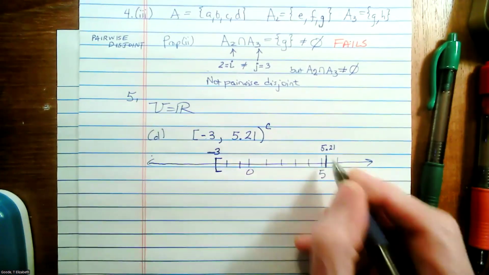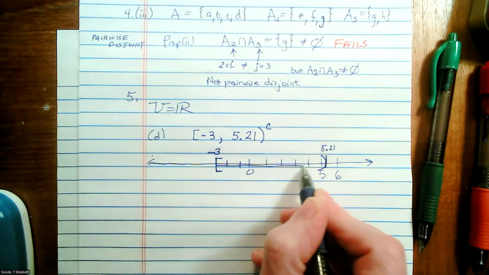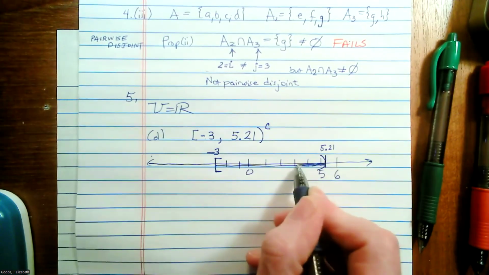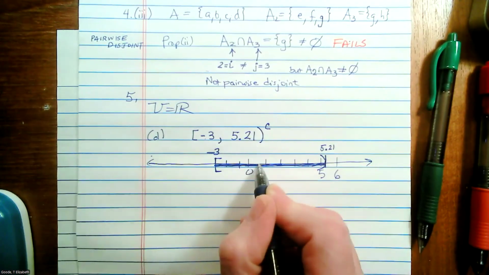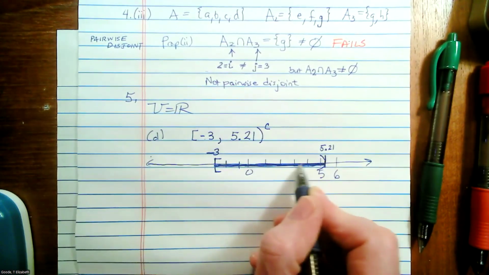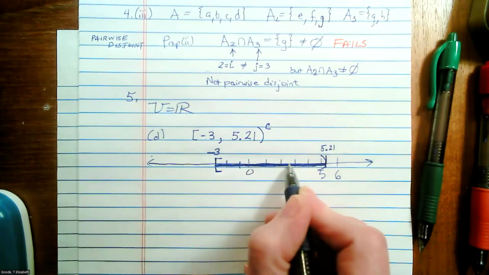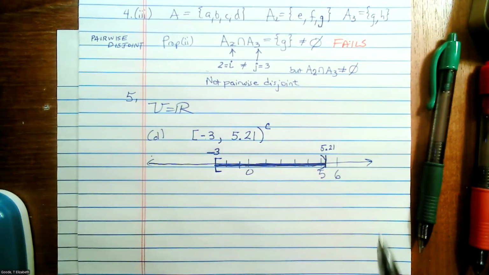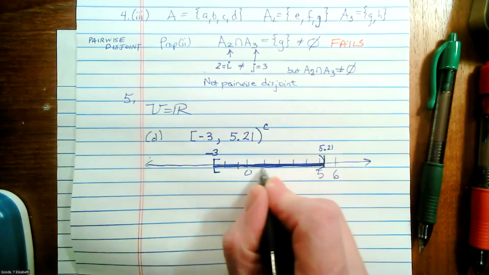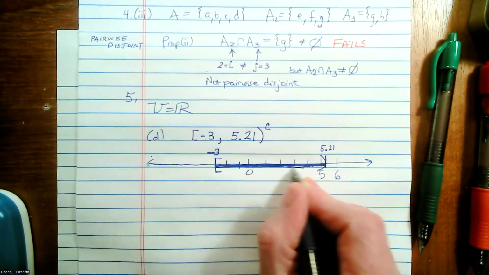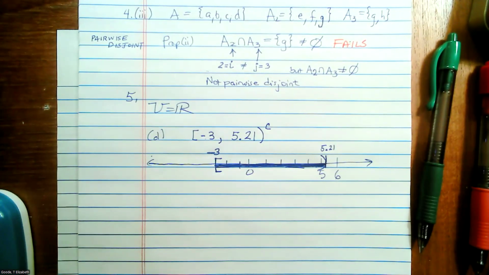So the set we're looking at is everything, including -3, and then to the right of -3, up to, but not including the rational number 521/100ths, right? I did pick a rational number. I could have picked pi. In fact, I changed it. This worksheet used to have pi in it.